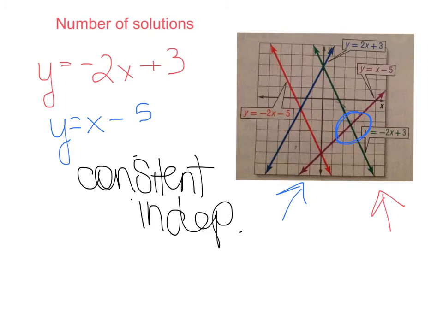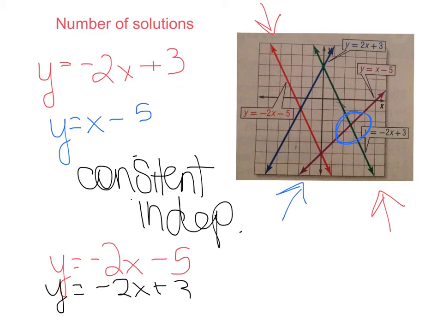Now if we wanted to look at two different lines, we could look at y equals negative 2x minus 5, the red line here, and compare that to y equals negative 2x plus 3, which is this green line up here. You can see that these two lines are parallel to each other, which means that there is no solution because they don't intersect anywhere, they have nothing in common, and so these would be considered inconsistent.